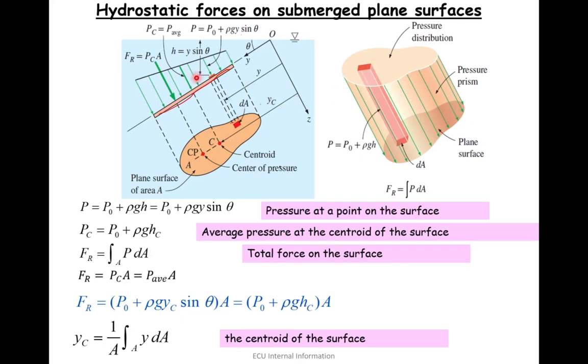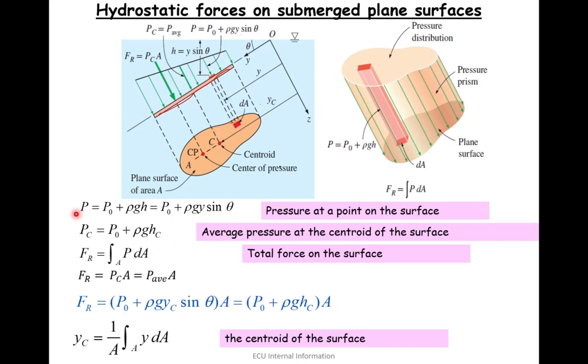So we have the centroid of the surface YC, the center of pressure YP, and the vertical distance from the centroid of the surface to the water surface, HC.